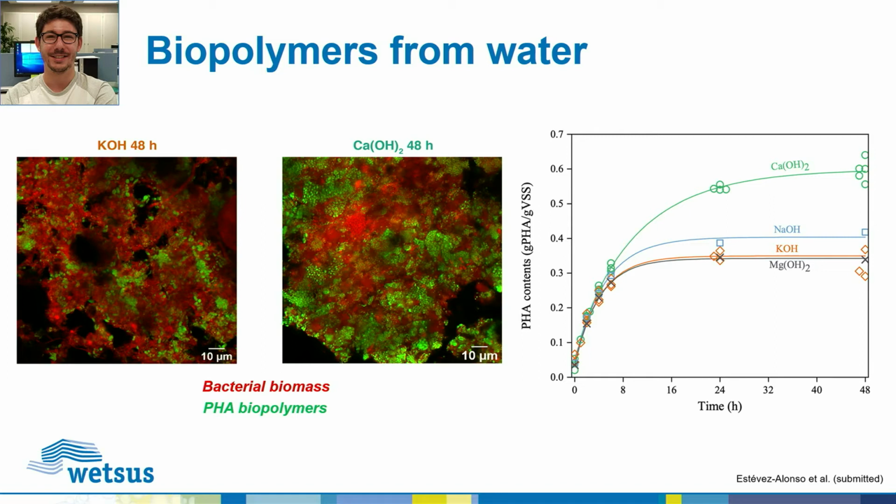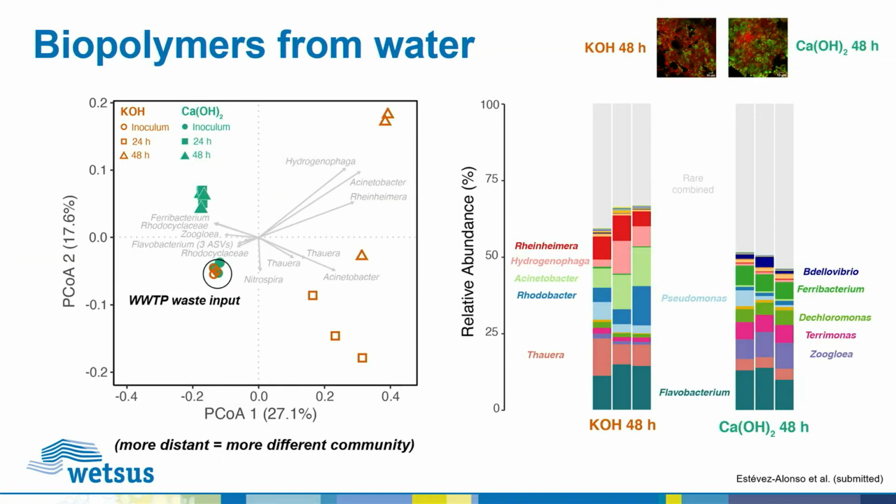So we analyzed these bacterial communities, this biomass. In this figure on the left, it might be a bit difficult to read, but what you should understand is that each colored symbol is one sample, that two colors represent the calcium cation samples, and the orange color another ion, in this case potassium.